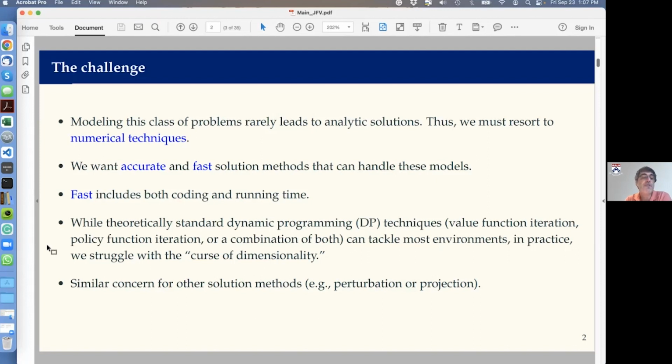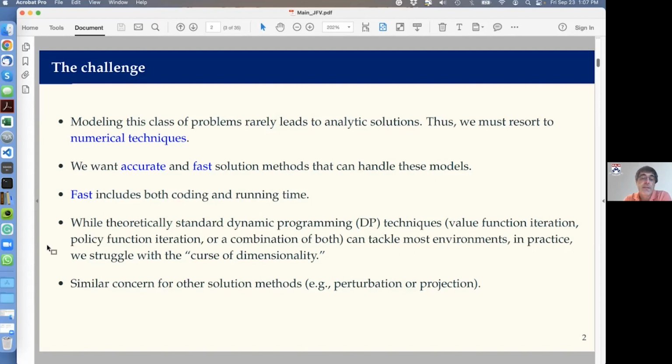Nonetheless, and unfortunately, it is well known, and Richard Bellman himself in his pioneering monograph about the use of dynamic programming in applied math mentions it in the introduction in page 7, if I recall it correctly, talks about the curse of dimensionality. Basically, the fact that as soon as we start having more than 3, 4, or 5 state variables, for all practical purposes, solving dynamic programming becomes really, really hard, if not impossible.